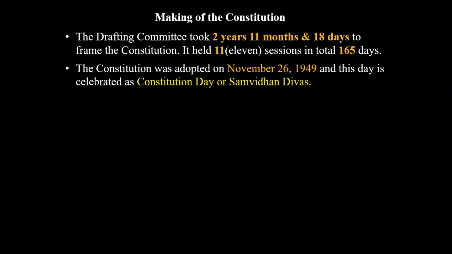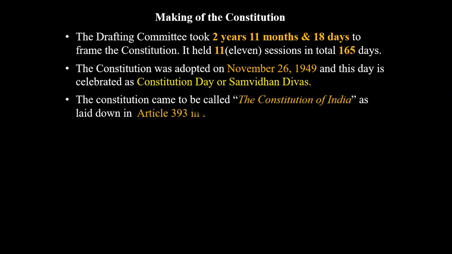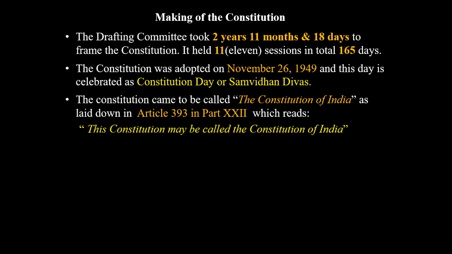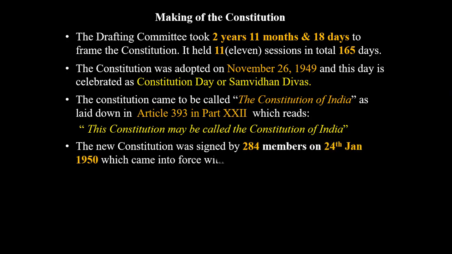The Constitution came to be called the Constitution of India as laid down in Article 393 in Part 22, which reads as, "The Constitution may be called the Constitution of India." The new constitution was signed by 284 members in their last meeting on 24th January 1950.